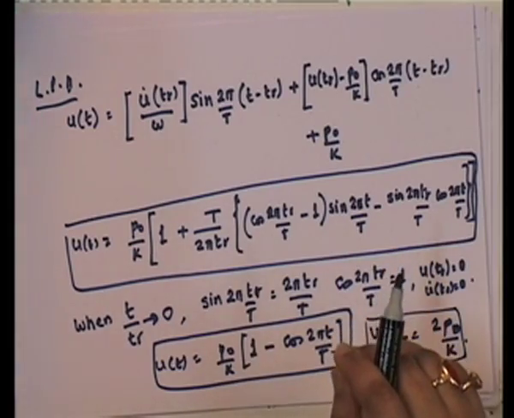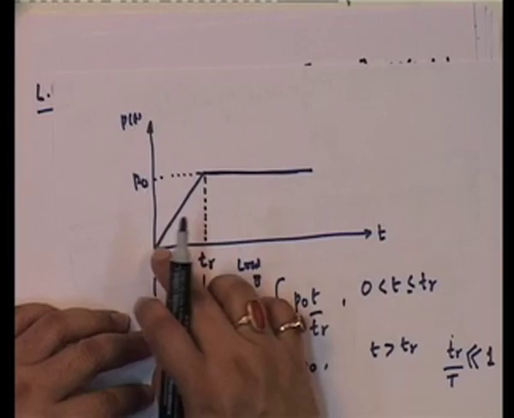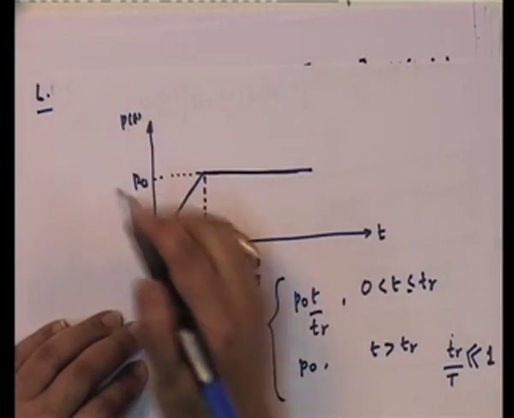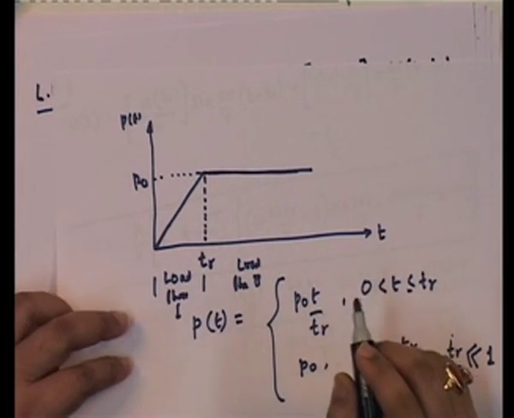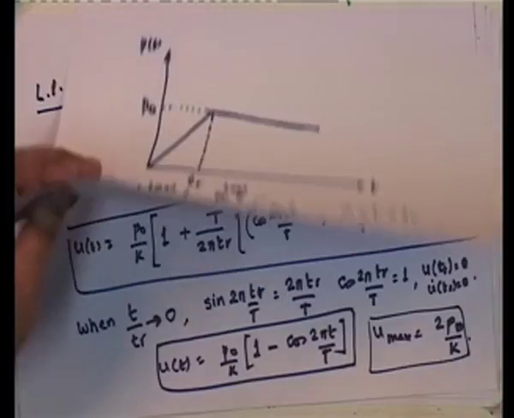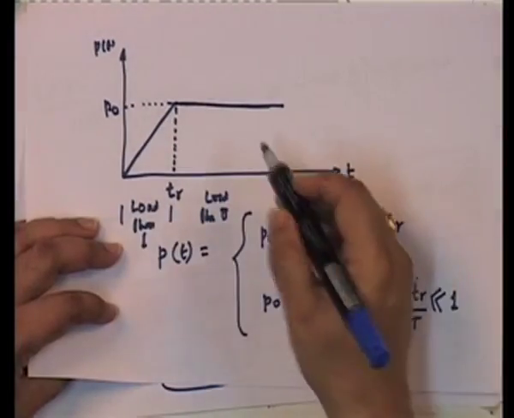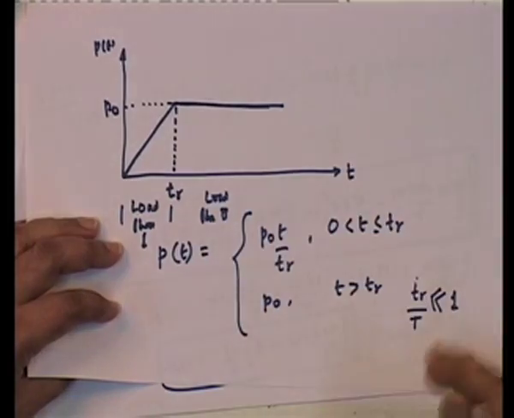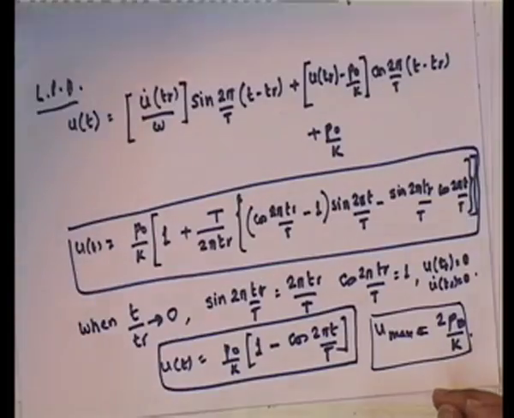If I look back at this, all I am saying is that this basically becomes like this, and that, as we know, is like the triangular pulse, where the pulse lasts long enough, u max is equal to 2 P naught upon k. We know that as long as it lasts more than t_d by T, it becomes 2. We have derived this through this concept.